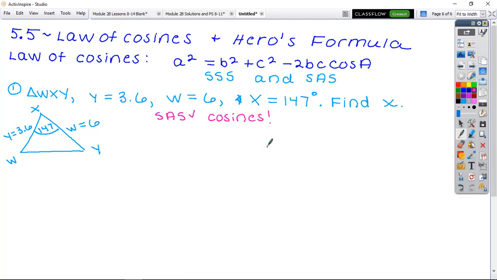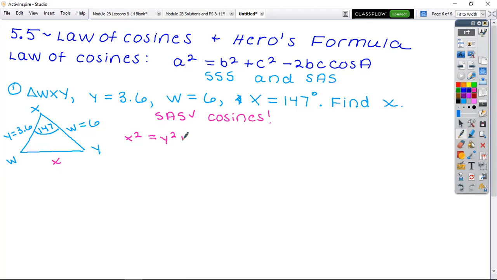You're going to start your formula with whatever letter we are looking to find. So we're looking to find x. So instead of starting at a squared equals, I start at x squared equals. And then I'm going to go either y squared or w first, it doesn't matter.